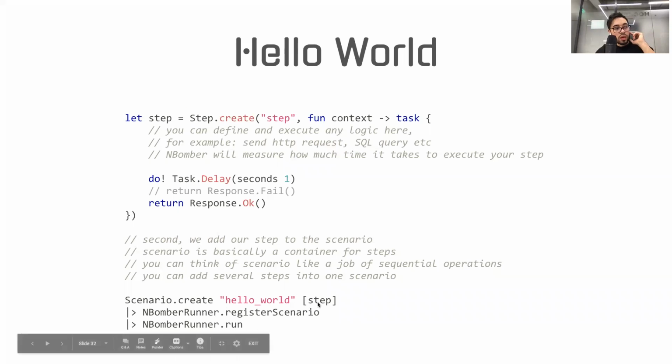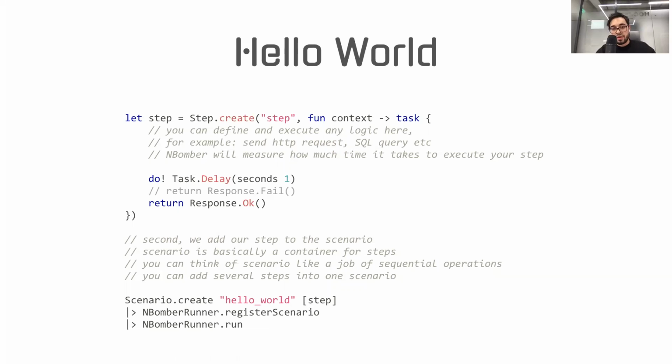Second, we add this step into a scenario. Then this scenario create returns you an object, and by passing this object to the NBomber runner, we register the scenario. We can register many scenarios, but run just a few if you want. We can specify which scenarios we want to run for this specific run.